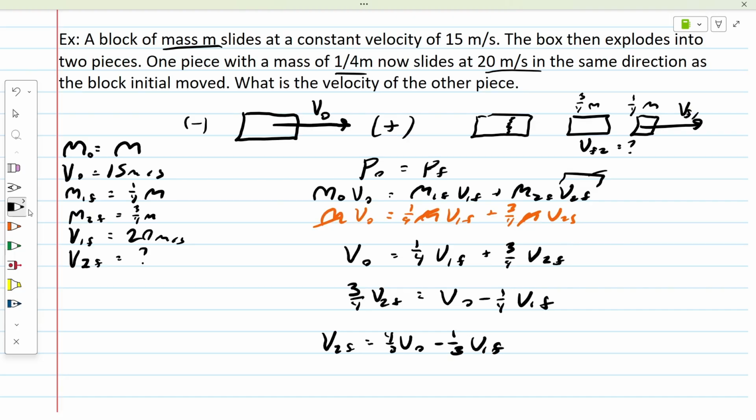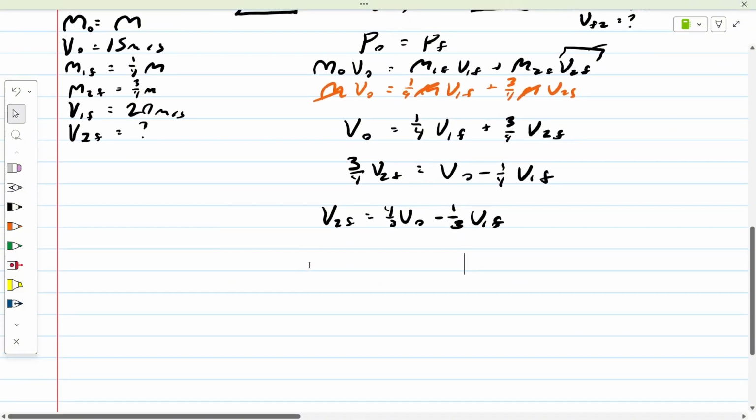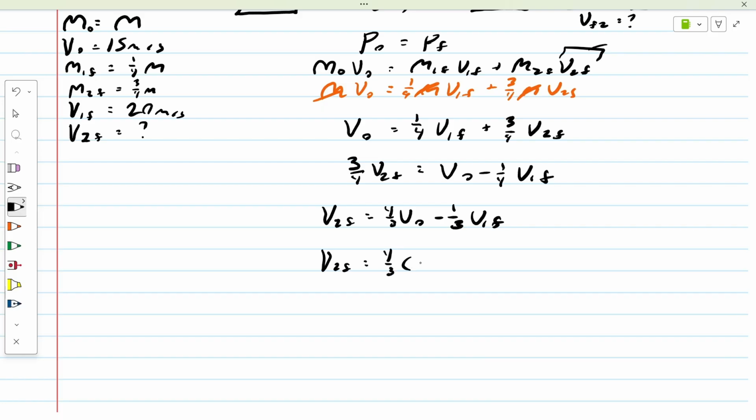Okay, and now we have all these values, so we can solve and say v2 final equals 4/3 v naught, which is 15, minus 1/3 v1 final, which is 20. And so this gives us a value of 13.3 meters per second.